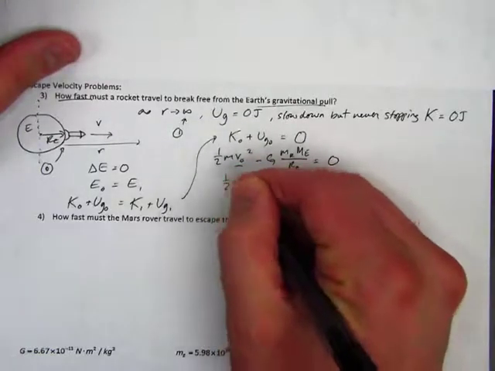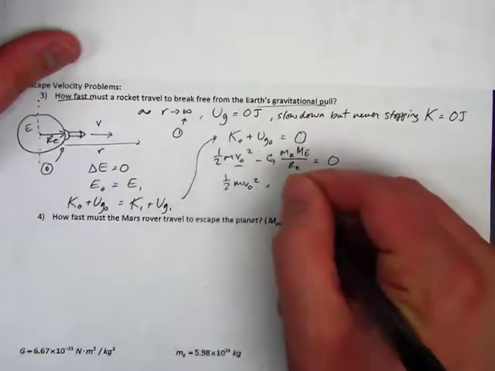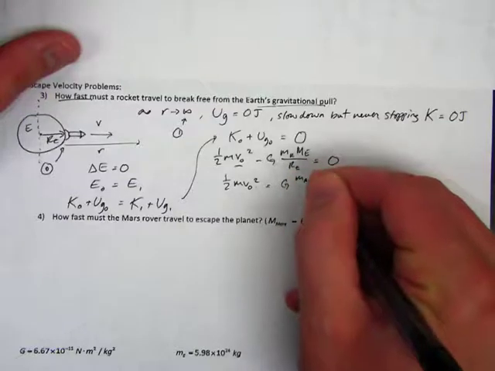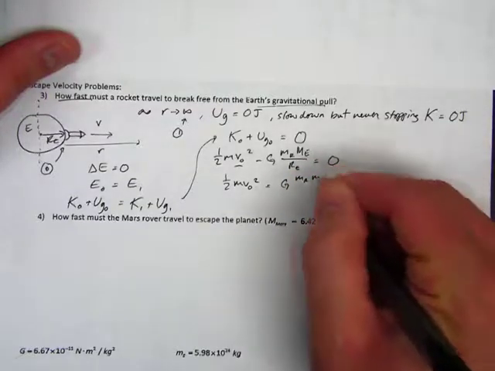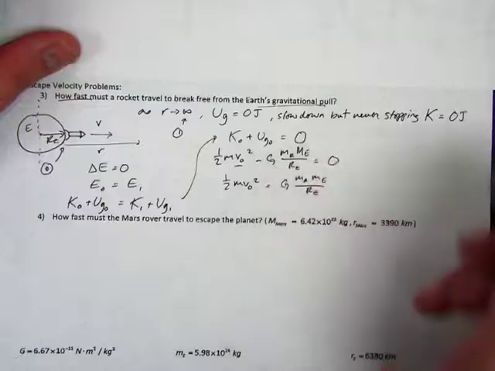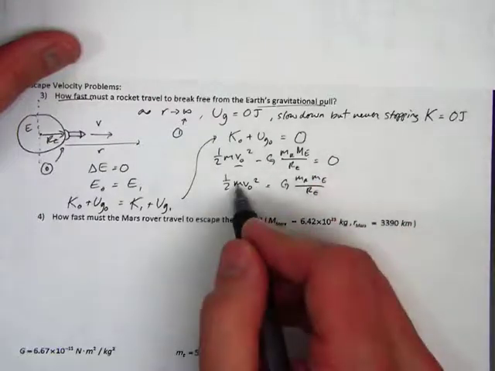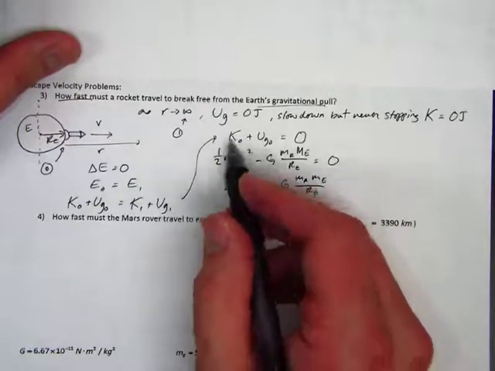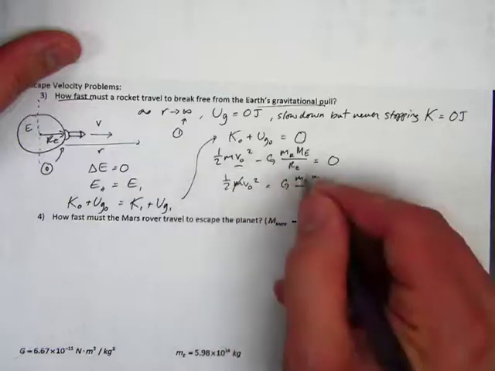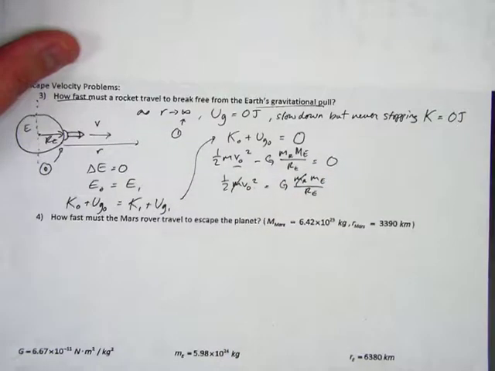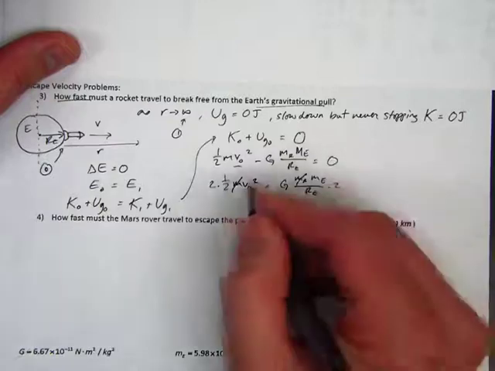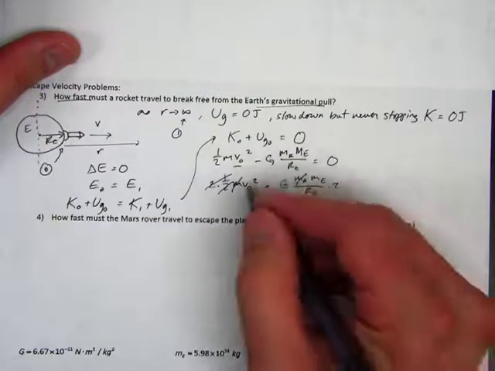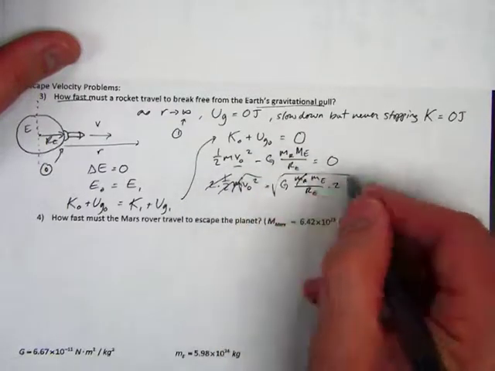So 1/2 m v naught squared is equal to G times the mass of the rocket times the mass of the Earth over the radius of the Earth. Now, 1/2 m v squared is the kinetic energy of the rocket, so this m is also the mass of the rocket. So we see it's independent of that. Multiply by 2, and then square root both sides.